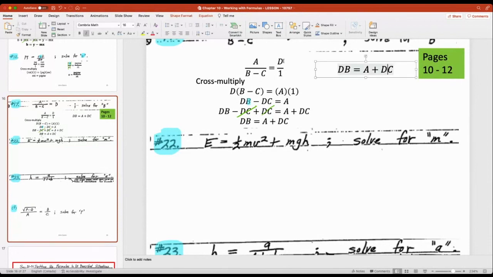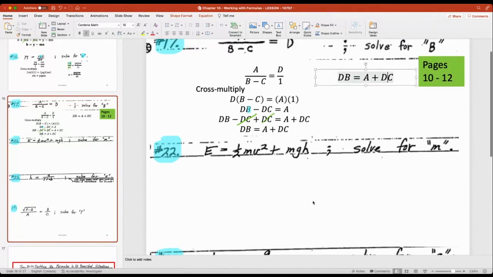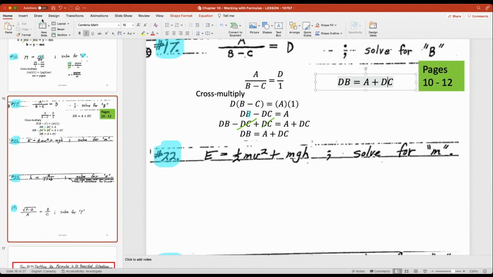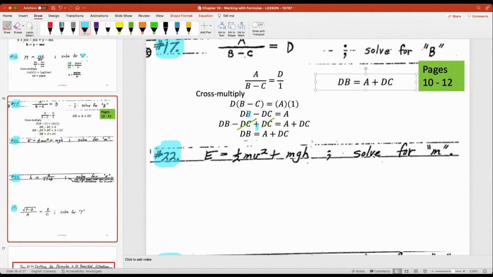So we're trying to solve for B. B's looking pretty good now. We've gotten to a better place because now you just have to get rid of D. So that D is multiplying by B. So the opposite of multiply is to divide.